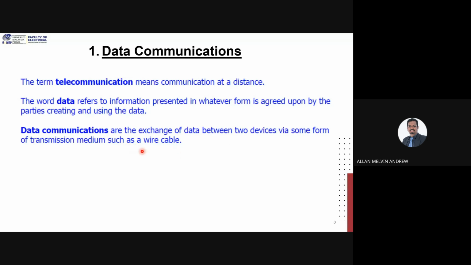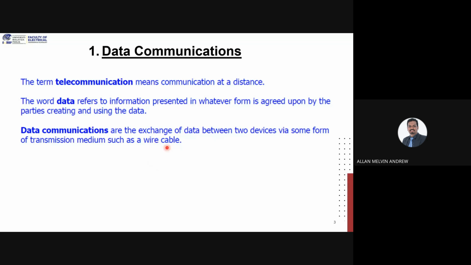Our mobile phone generally uses wireless, so we are not using a wired cable. A wired cable may be our house phone, using the telecom line.